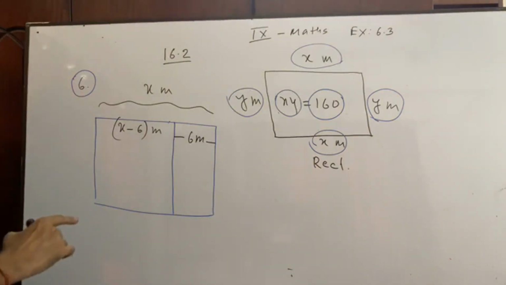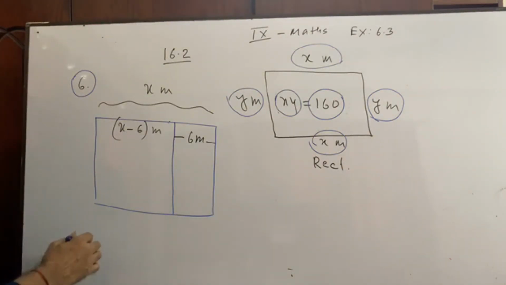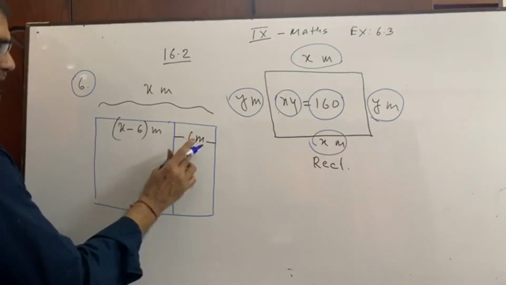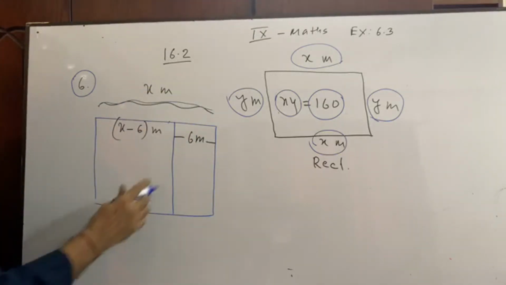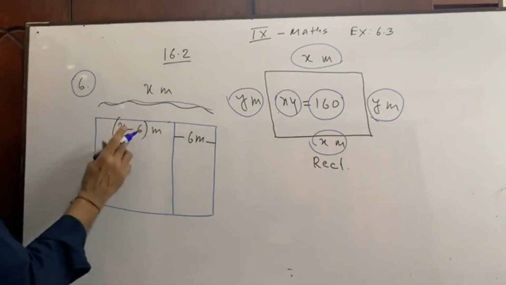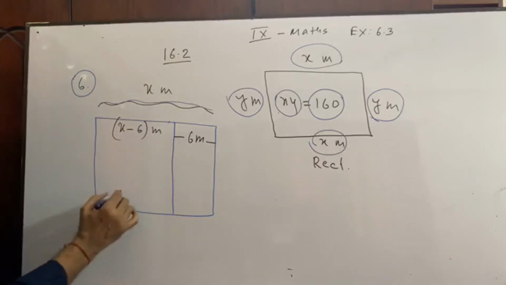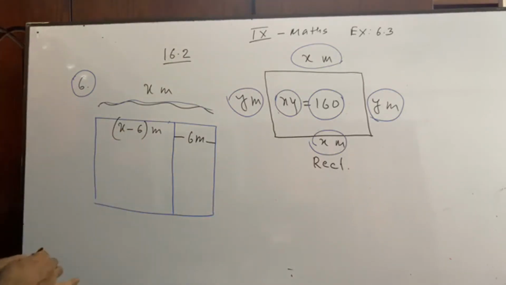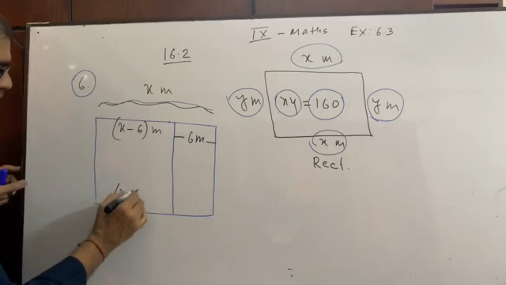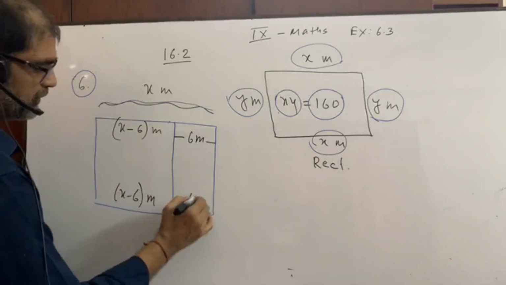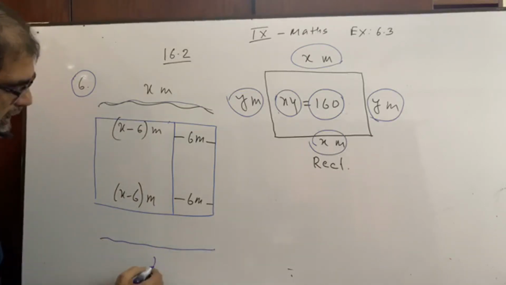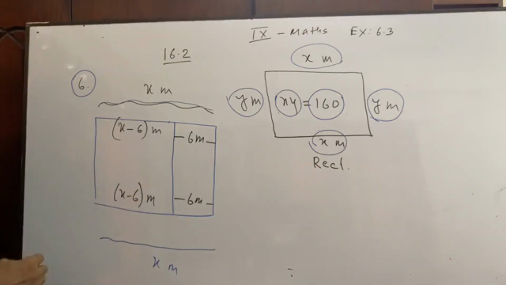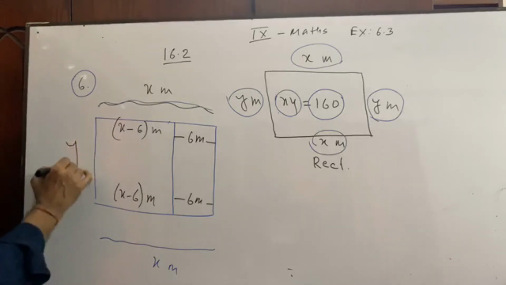But it is again told that if the length is reduced by 6 meter, we are left with x minus 6 meter. Remember that the breadth was y meter.